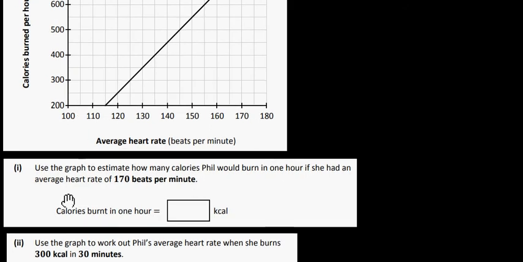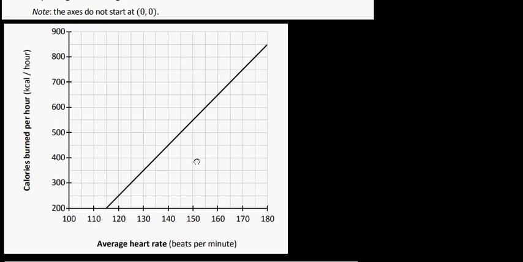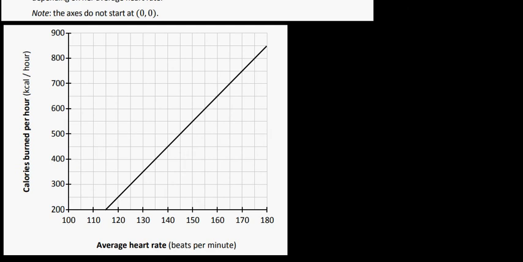First thing we have to do here is use the graph to estimate how many calories Phil would burn in 1 hour if she had an average heart rate of 170 beats per minute. So all we got to do here is go along to 170. We go up along here and work out where that is on the y-axis.